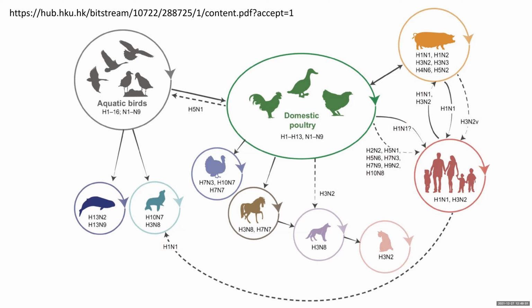All right, so this figure is just showing the variety of different types of influenza, how we think they have gotten from one species to another. The dark arrows are showing where there's been transmissions. We know that domestic poultry acquired the influenza that infects them from aquatic birds.